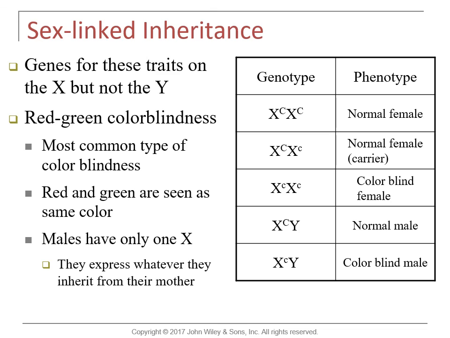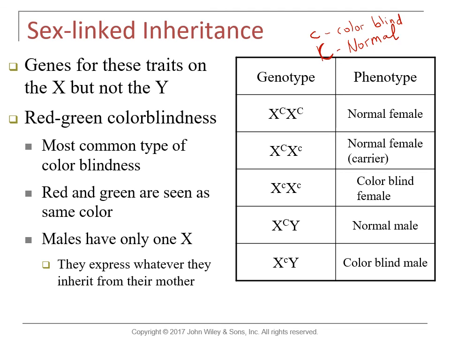The gene for red-green color blindness is a recessive gene and is designated with a small letter c. The normal color vision allele is dominant and is designated with a capital C. The big C and little c genes are located only on the X chromosome, so the ability to see colors depends entirely on the X chromosome.